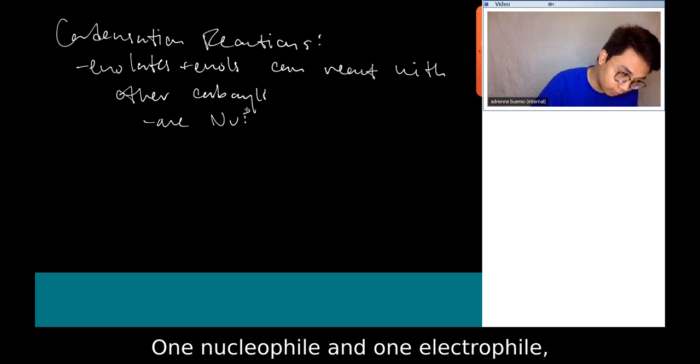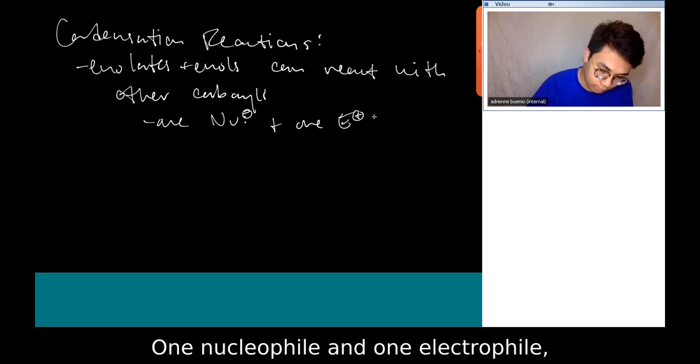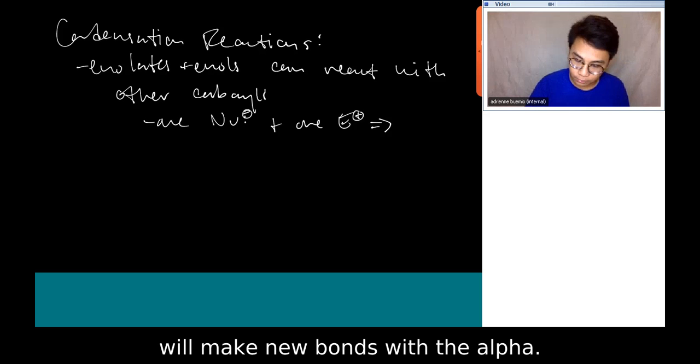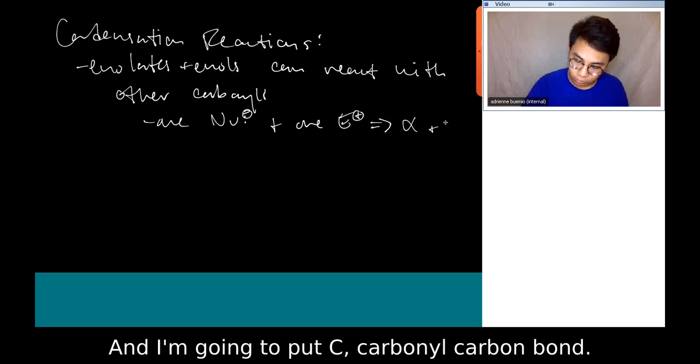One nucleophile and one electrophile, which is pretty much again the condensation reaction, will make new bonds with the alpha carbon and the carbonyl carbon, right?